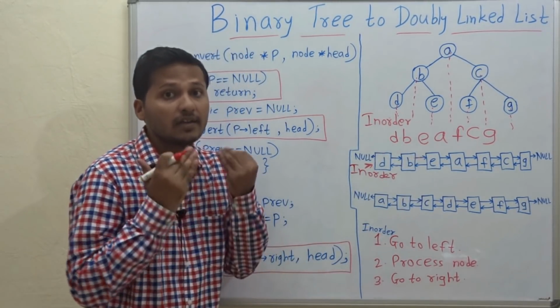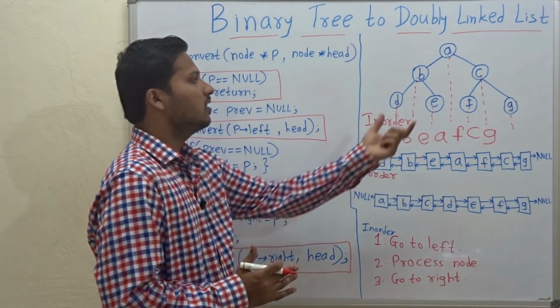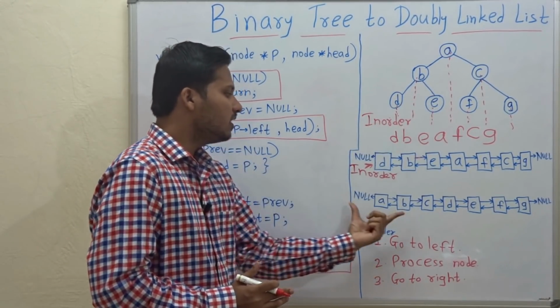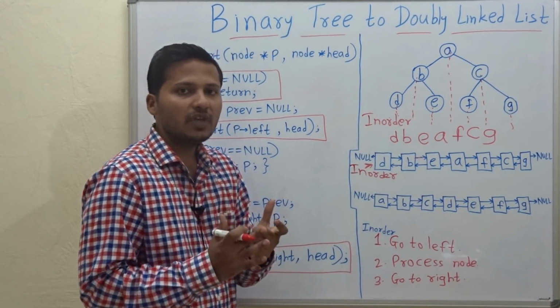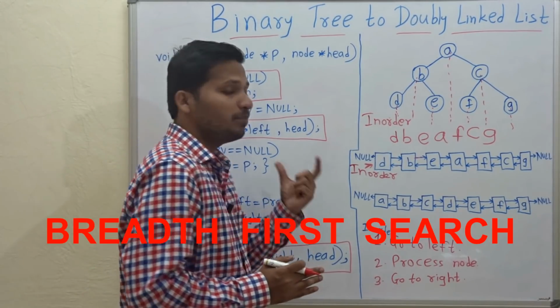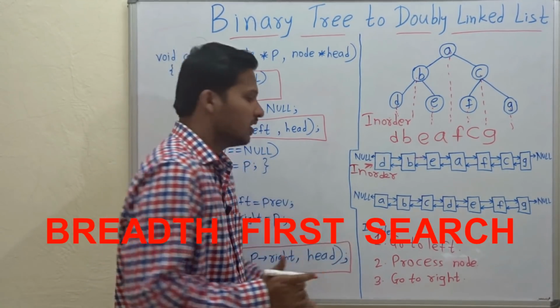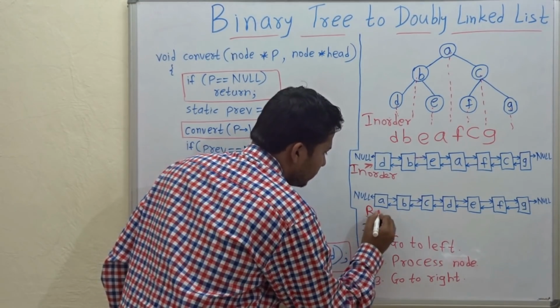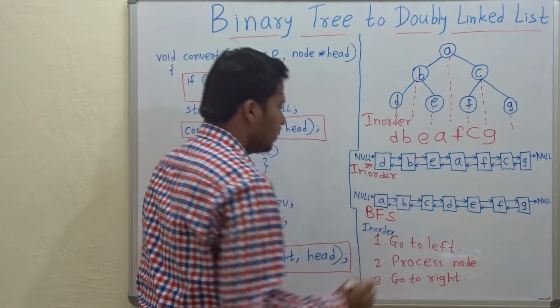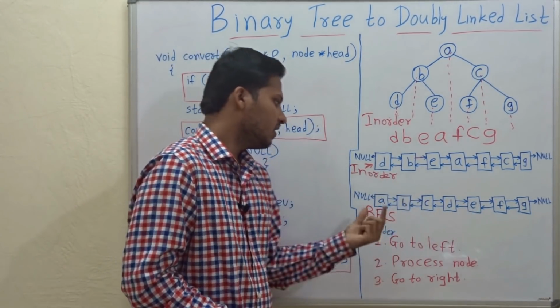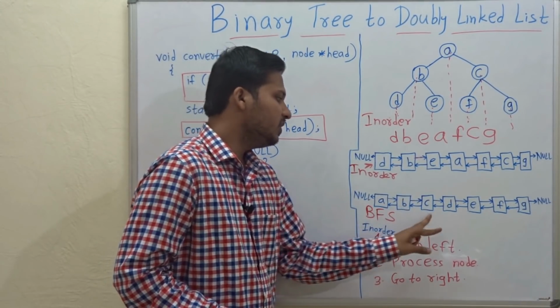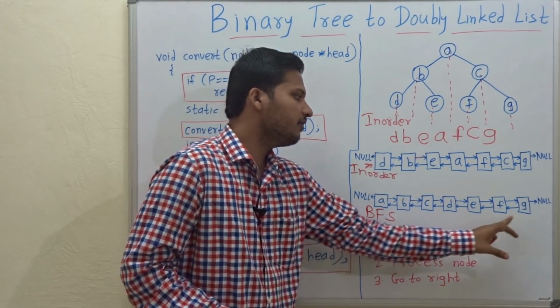But there is another way of converting a binary tree into a doubly linked list, and that way is based on the breadth first search, that is BFS. Look at this doubly linked list: A, then BC and DEFG.